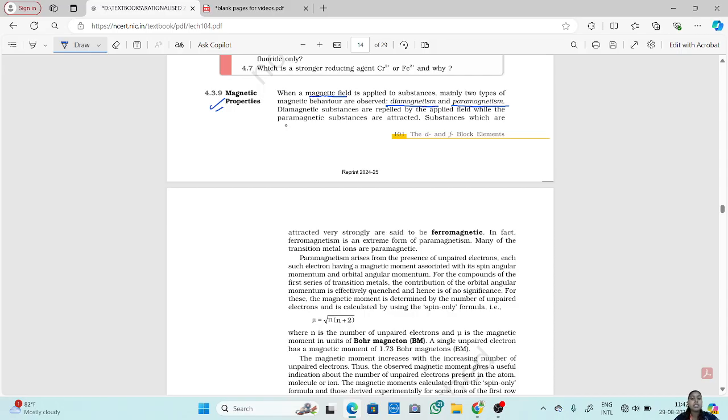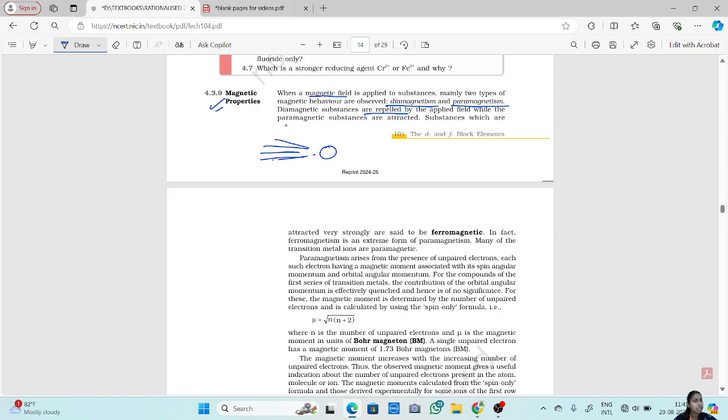Diamagnetic substances are repelled by the applied field, which means they repel the magnetic field. If the magnetic field is coming like this, diamagnetic substances will repel it, they won't be attracted.